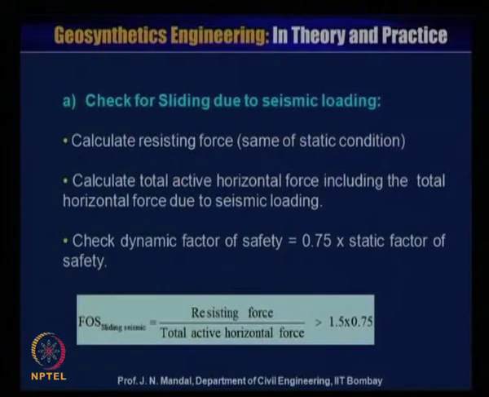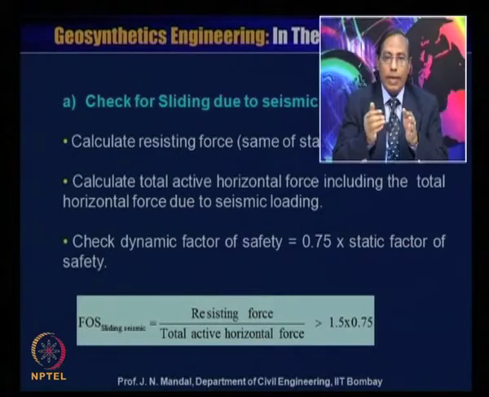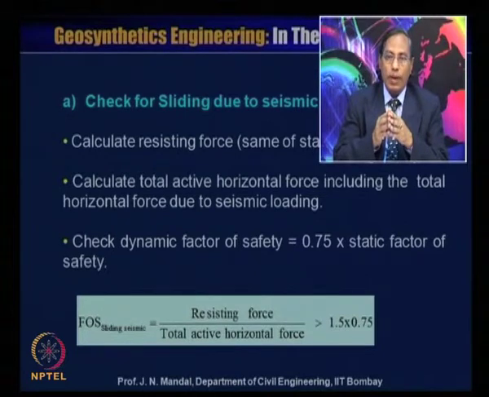Now, you have to check due to the seismic effect. You have to check for the sliding due to seismic loading. First you calculate the resisting force, the same as the static condition. Then calculate the total active horizontal force including the horizontal force due to the seismic loading. Check the dynamic factor of safety, which will be equal to 0.75 into the static factor of safety.